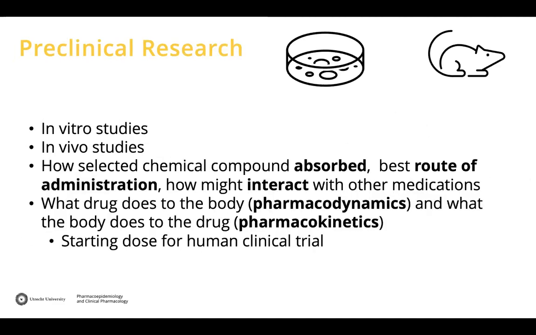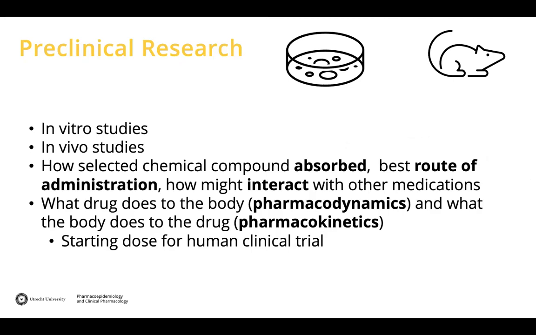Then you might get into your preclinical research after you've narrowed down a few different chemical compounds that have the potential to treat whatever condition you're interested in treating. So this includes in vitro and in vivo studies. So this can be lab-based work and also in animal models.